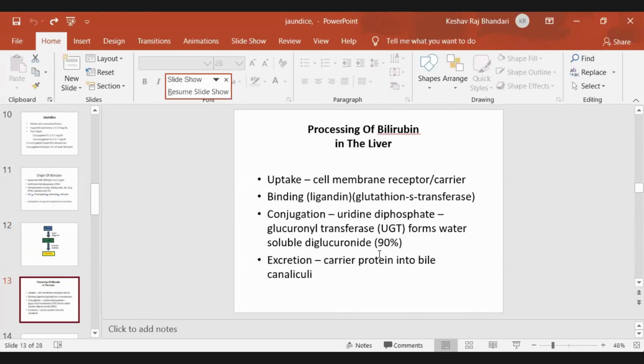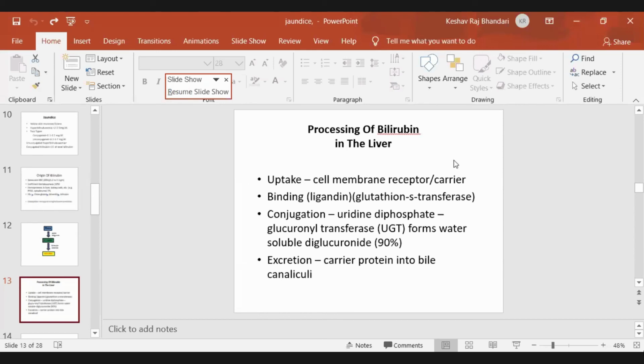Processing of bilirubin in the liver. Unconjugated bilirubin, which is formed in the reticuloendothelial cell, comes to the liver. It is taken up by the liver cell. So there is a cell receptor or carrier. In the blood, unconjugated bilirubin circulates in combination with albumin.